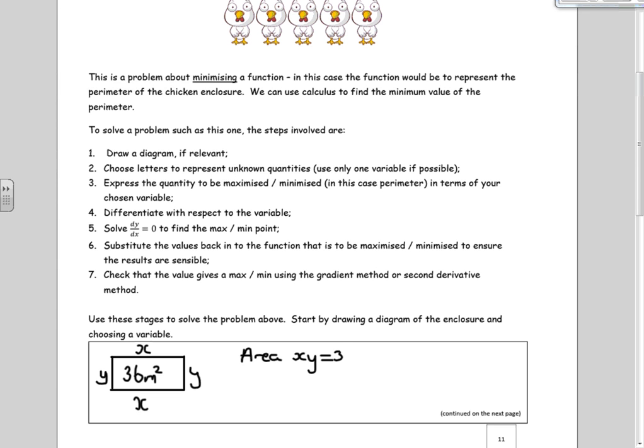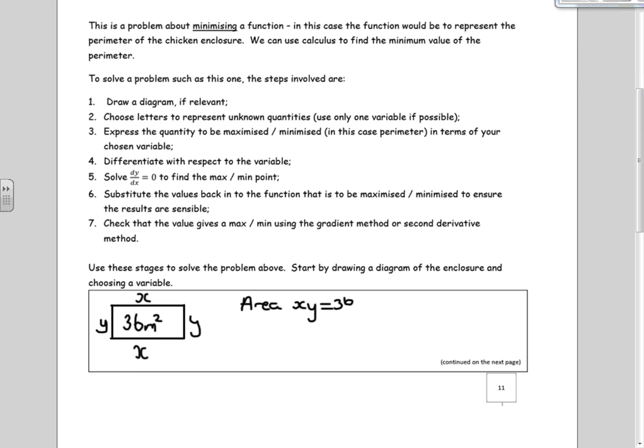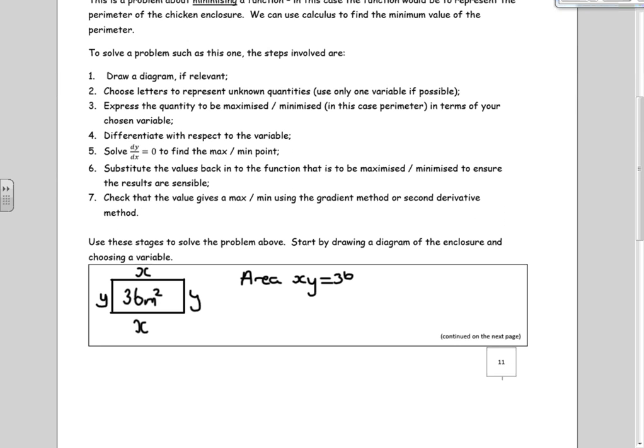So we'd be able to find the area by doing x times y, which we know would be equal to 36. So we're going to rearrange this to get it so that we just have y equals, and y would equal 36 over x, because when we find an equation for the perimeter, we will need to get rid of the y's so that then we can differentiate it with just x's.